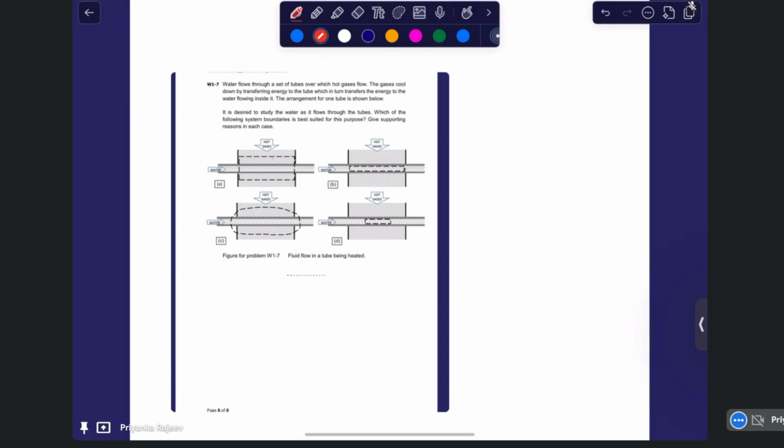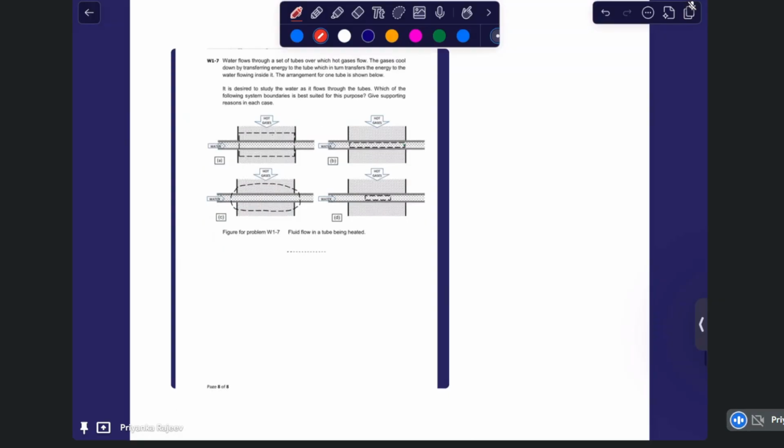Okay, so for the best choice, we have to think about how to analyze the heat flow that is happening to the water. The hot gases are flowing over this tube which is containing water, so the gases will cool down by transferring heat to the water.